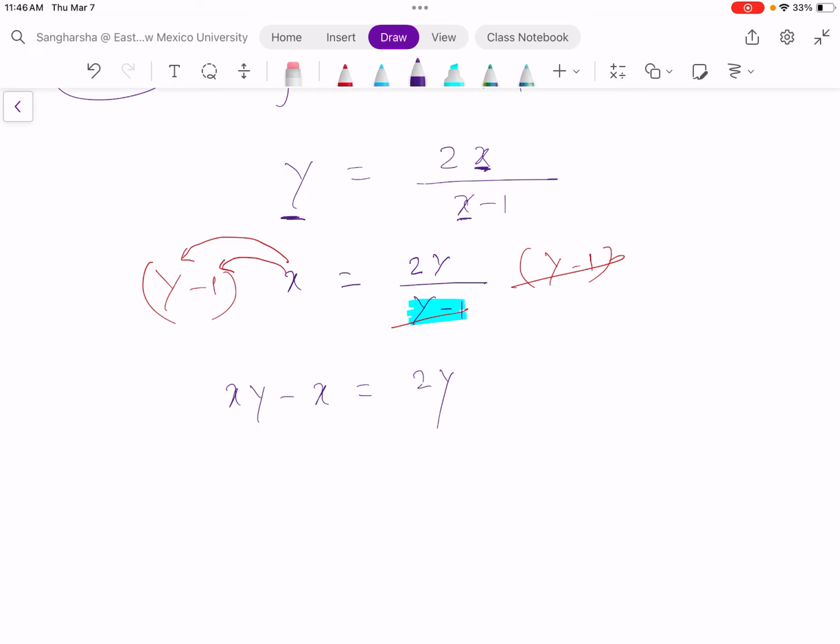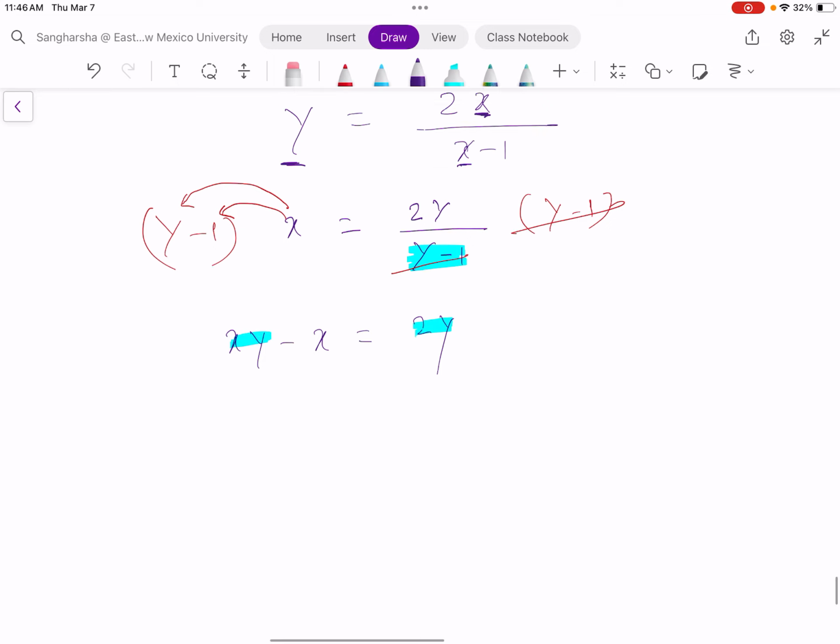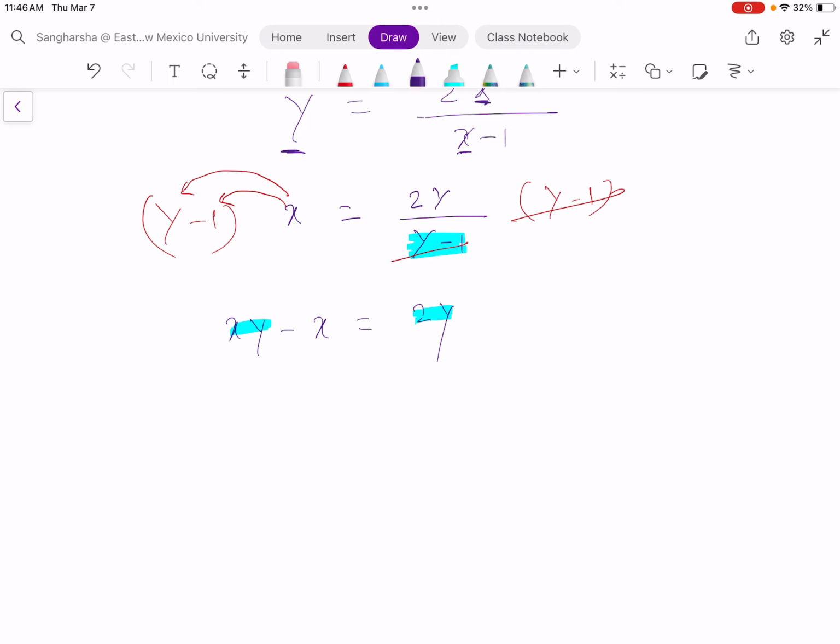We have xy and 2y. These both have the y in it, so we collect these two terms together. Let's get rid of xy from the left side. For that, we subtract xy on both sides. So this cancels, which is 0. So we have negative x equals 2y minus xy.